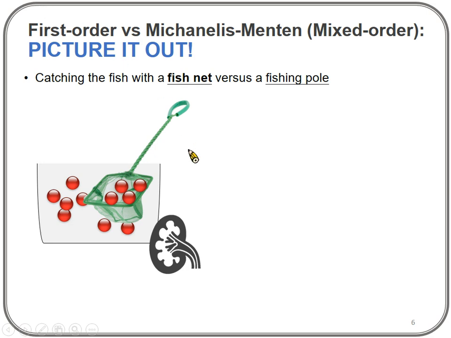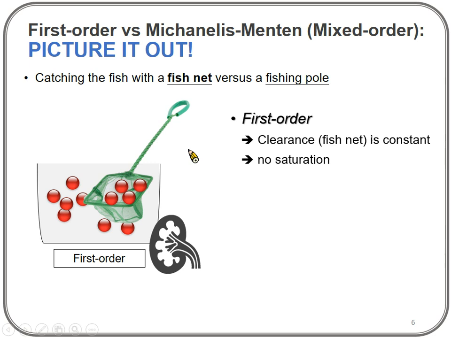So a fishnet that contains a fixed value to remove a drug, or a fish, from the fish tank, right? So in first order, the clearance, as the value of the fishnet, is constant to remove a certain level of drug in a fixed time, and there is no saturation issue.